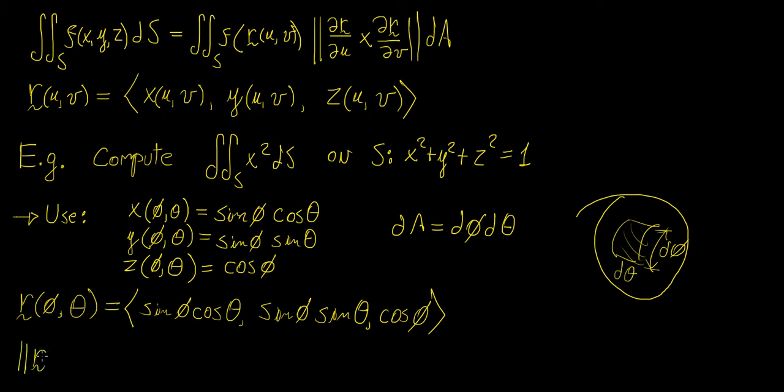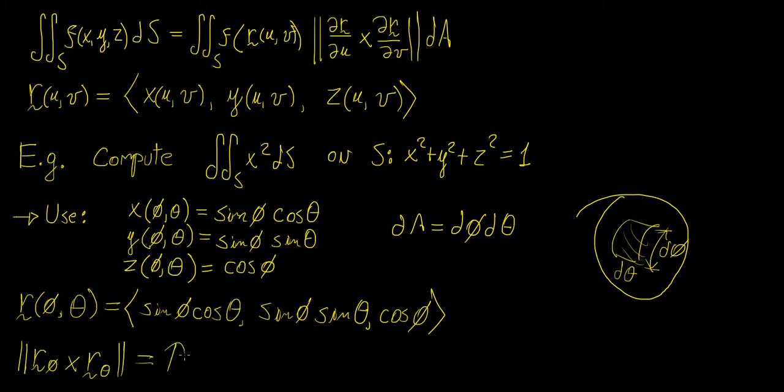So the cross product of the derivative with respect to phi cross with r theta. Those are the partial derivatives with respect to each of those variables. And we know that it doesn't matter in which order we take the cross product because we're taking the magnitude of that, so we're always going to get the same value. Now, we already found what this was for the spherical coordinates in the previous example.